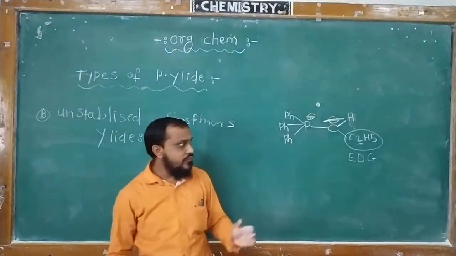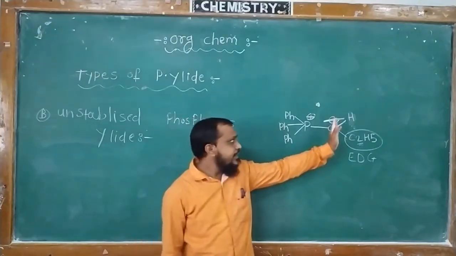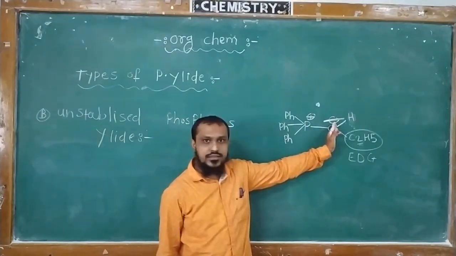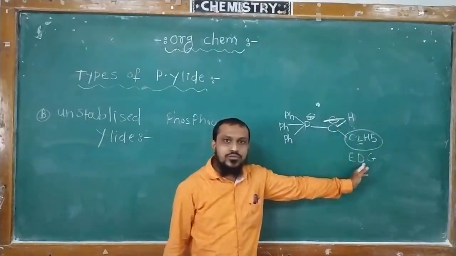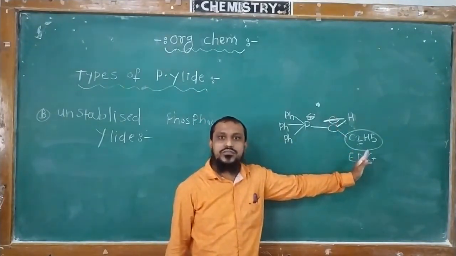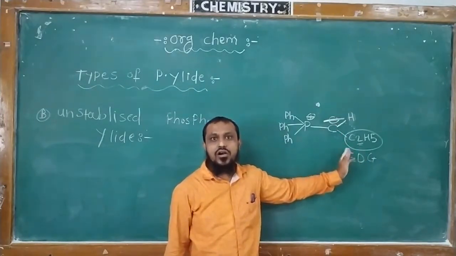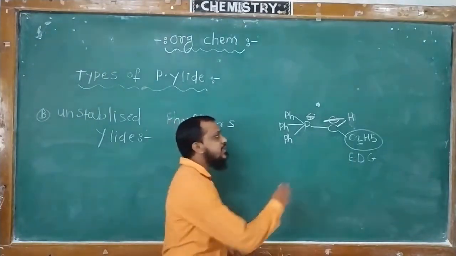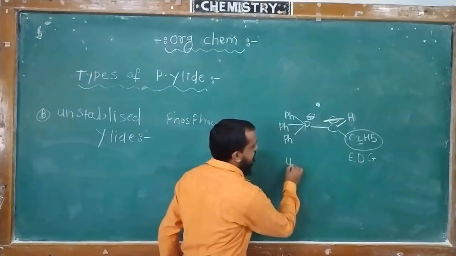So such a type of phosphorus ylide, in which the negative charge of the carbon ion, a nucleophile, is increased by the electron donating group with resonance or inductive effect, is called an unstabilized phosphorus ylide. So this is the example of unstabilized phosphorus ylide.